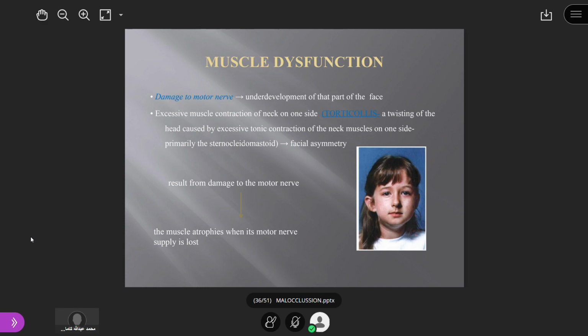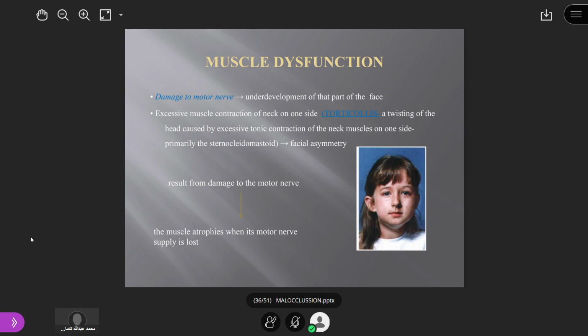Damage to the motor nerve results in affected development of that part of the face, meaning the nerve which is supplying that part will be affected. Excessive muscle contraction of the neck on one side, that is torticollis, a twisting of the head caused by excessive tonic contraction of the neck muscles on one side, primarily the sternocleidomastoid, results in facial asymmetry.